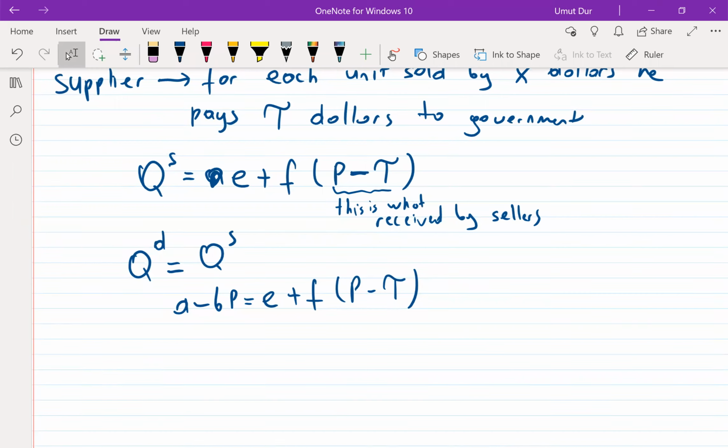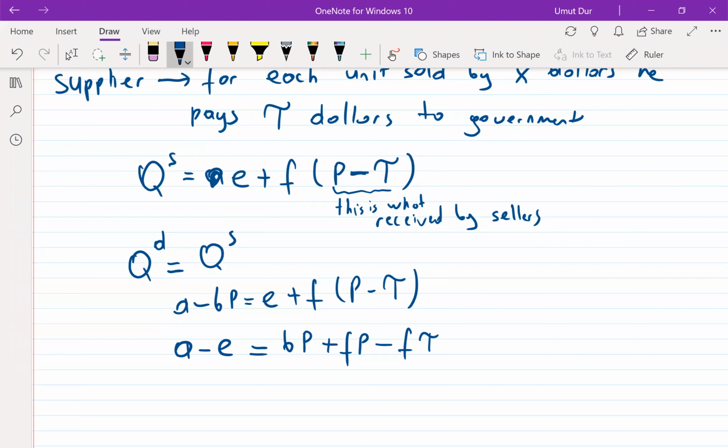If I do the math here, I will have A minus E is equal to df dt plus fp minus f tau.